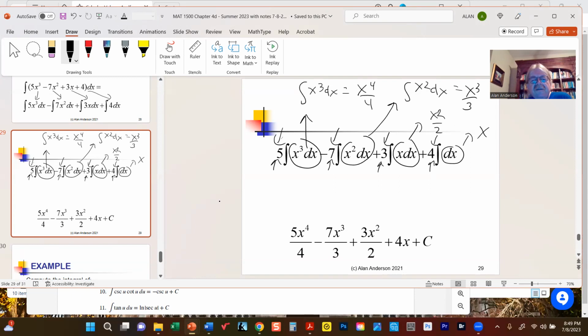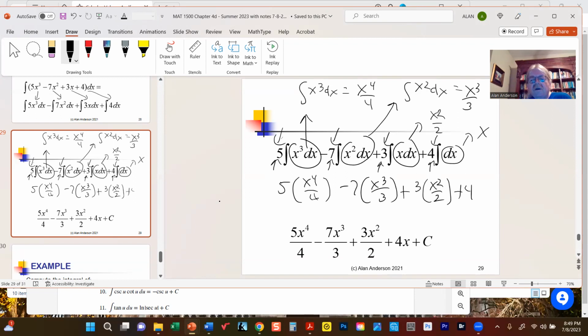This one is 5 times x to the 4th over 4 minus 7, x cubed over 3 plus 3, x squared over 2 plus 4x. So that way you can see how we got from here to here. We have to make sure that we applied the power rule correctly, and then we multiplied by whatever constant we had. So these are the final results.